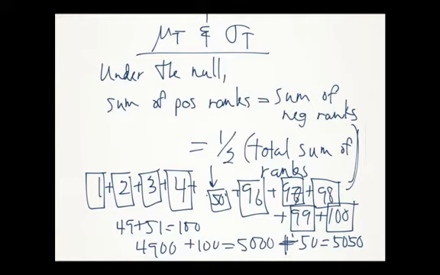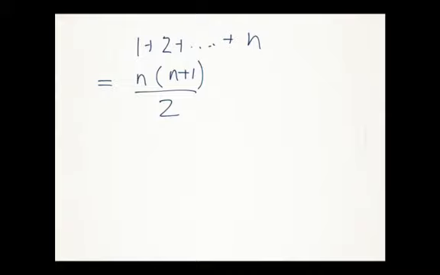And so a simple formula for adding up 1 plus 2 plus all the way up to n is n times n plus 1 divided by 2. If we do that in our particular example of adding up all the way to 100, then that is 100 times 101 divided by 2.